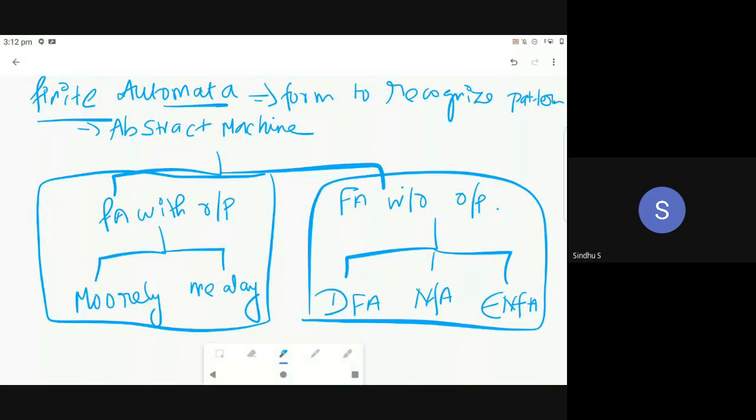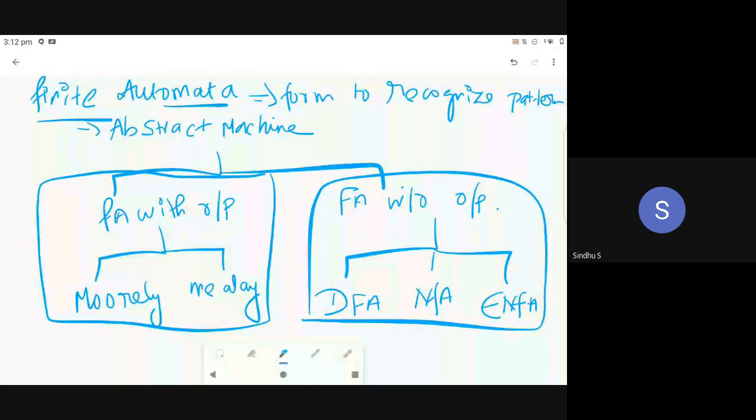Fine. So finite automata is the type 0 class, belonging to the Chomsky hierarchy, and it is an abstract machine which is very simple, used to recognize whether the given pattern can be accepted or not. The machine structure is so simple, and it is the least class belonging to the Chomsky hierarchy.